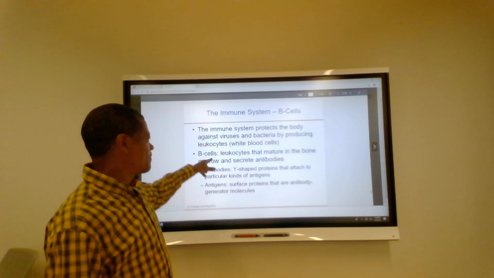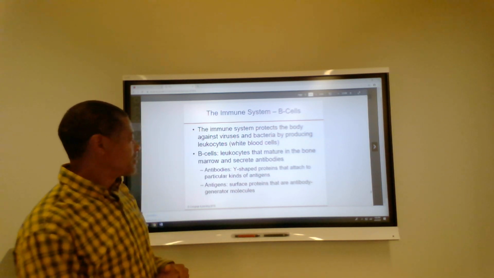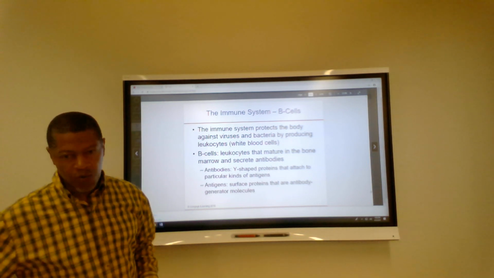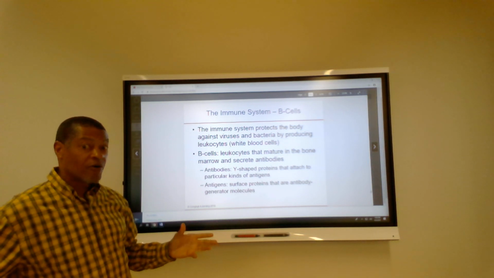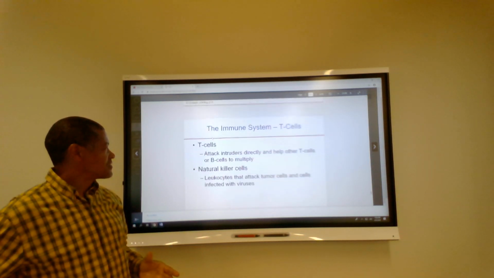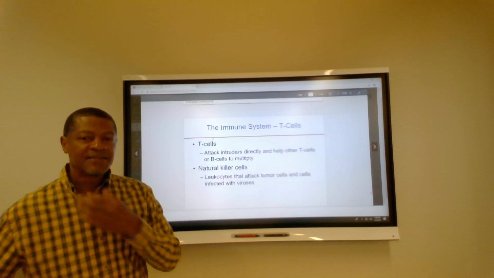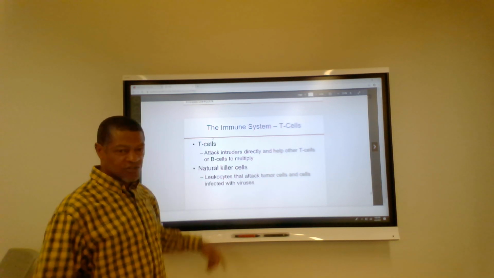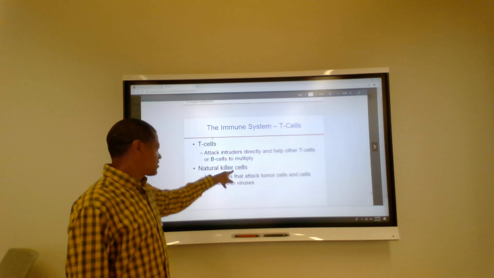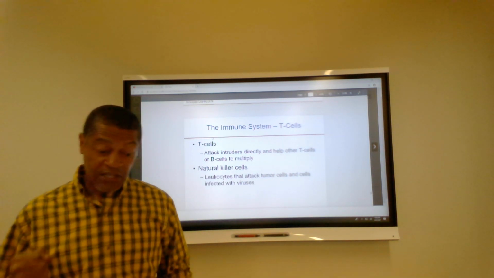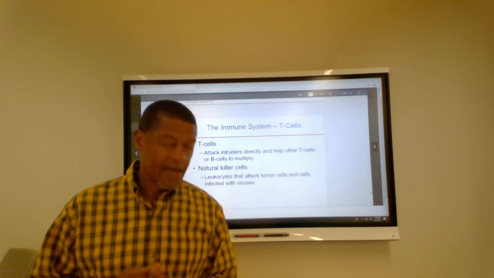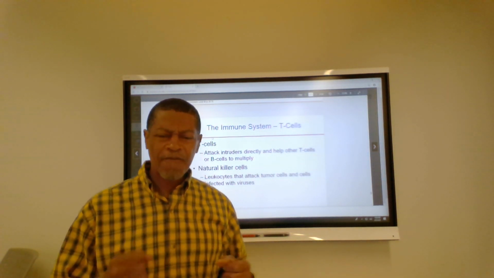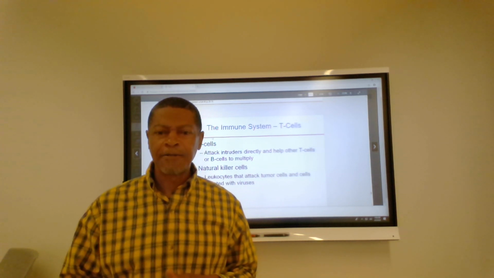Leukocytes, you find that primarily in your bone marrow. White blood cells. B cells are also in your bone marrow. B cells, bone marrow, makes sense. T cells, thymus gland. They attack intruders directly and help T cells and B cells to multiply. Then you have natural killer cells. They function to hit and target viruses and tumor cells. So your body is already functioning naturally to fight elements that should not be in your body.